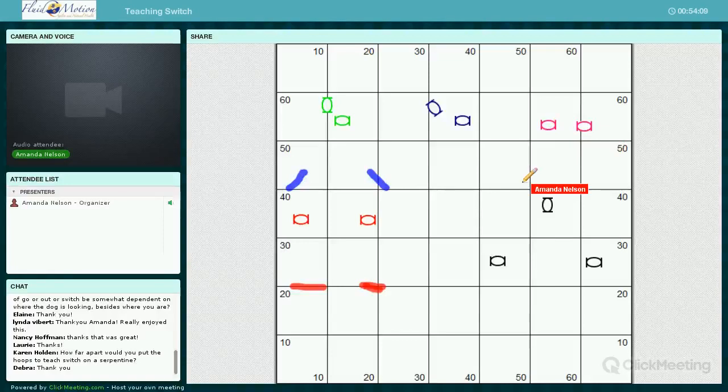In the beginning, because we want fast success right off the bat, I put everything close together. Almost all my exercises, I literally put them as close together as I can, so that my dog has instant success and instant reward. And then I will start to move these further and further out, and then adding in my 3rd hoop as we go. Does that make sense, Karen?